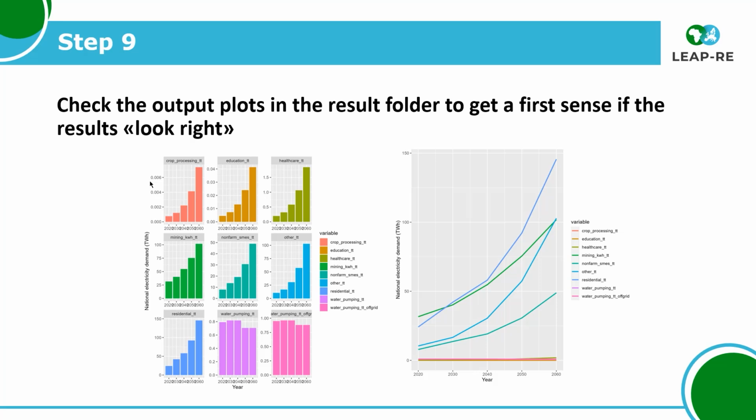The order of magnitude of the total national demand in the baseline year should mirror the current statistics and the current values in terms of kilowatt hours and division across sectors, and also the future evolution should look reasonable to our eyes. If instead you are facing errors, troubles, or there are some warnings appearing while you are carrying out this procedure for your new countries, please check carefully the steps that were just described.